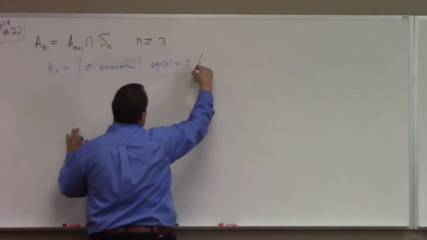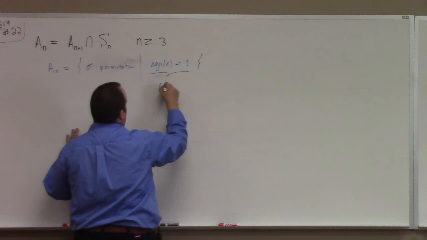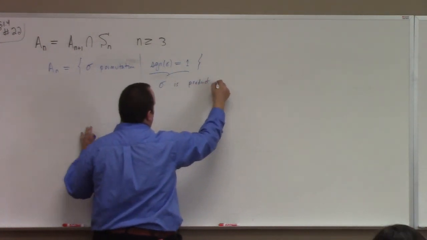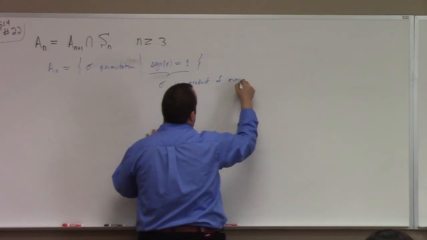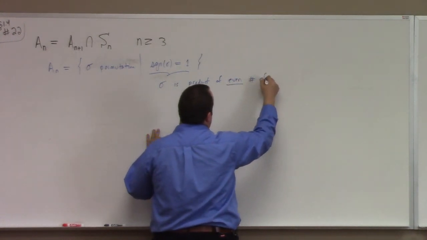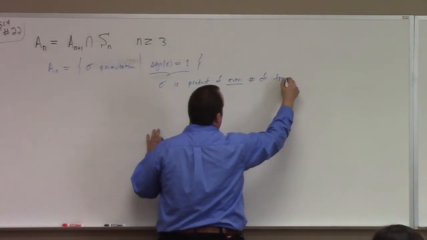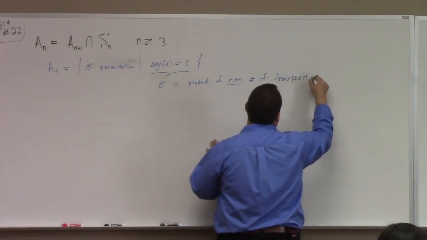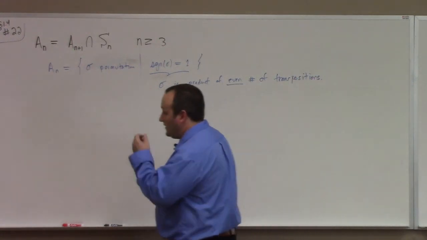Now this is just a fancy way of saying sigma is a product of an even number of transpositions.